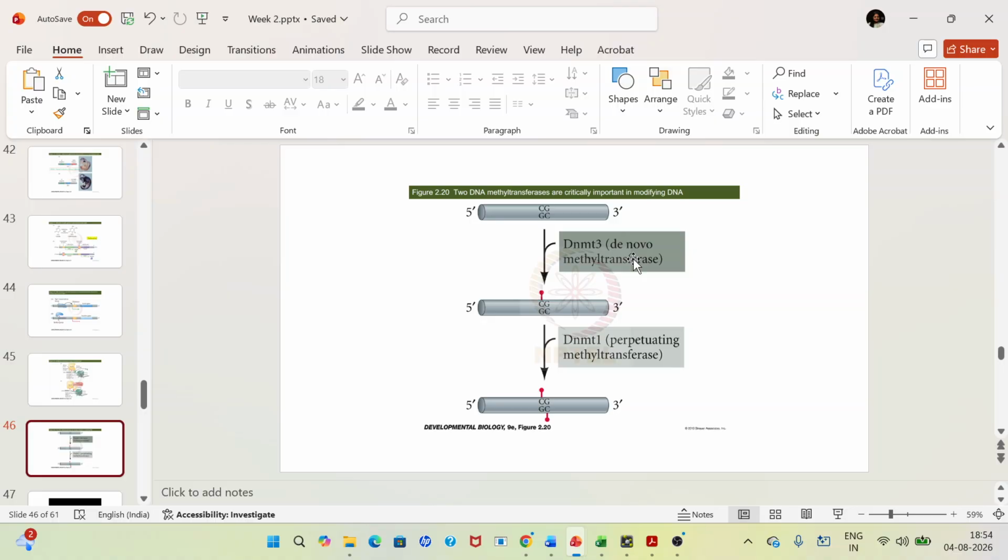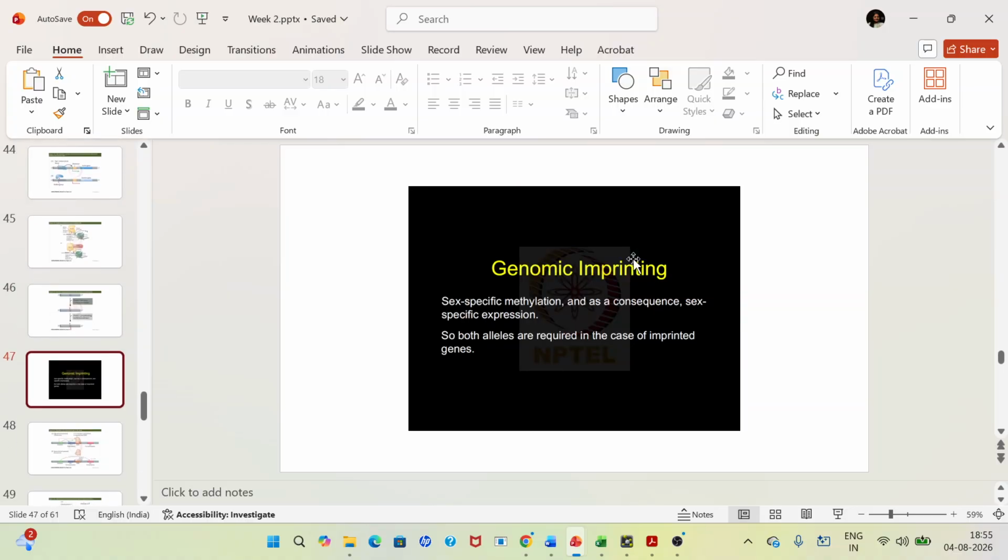They can only methylate those DNA strands in which the complementary strand is methylated, so that they have prior information that this strand needs to be methylated. But de novo are the ones that do not have prior information, that they do not recognize the methylation that has already happened. They do a de novo methylation.